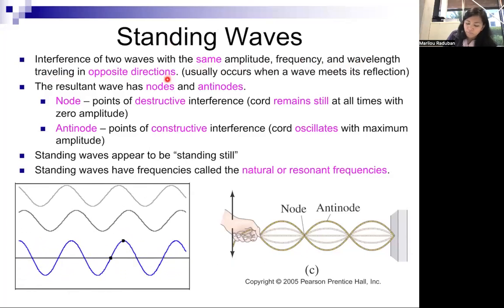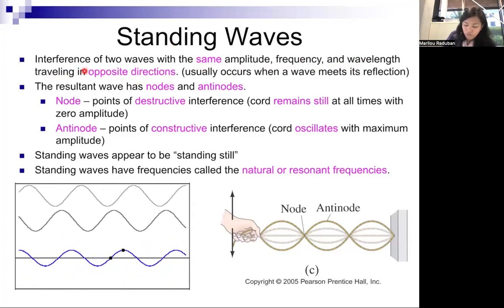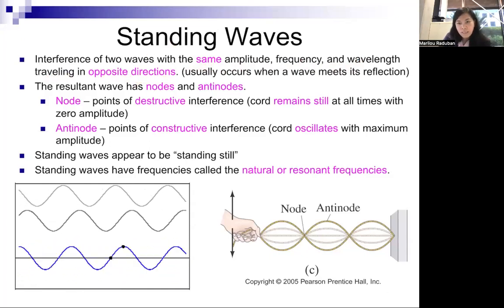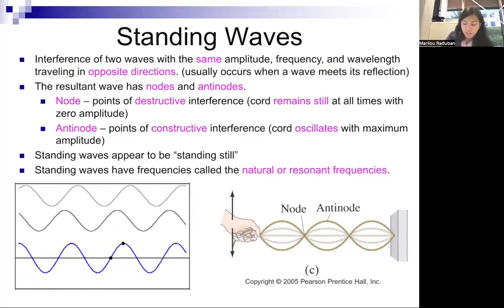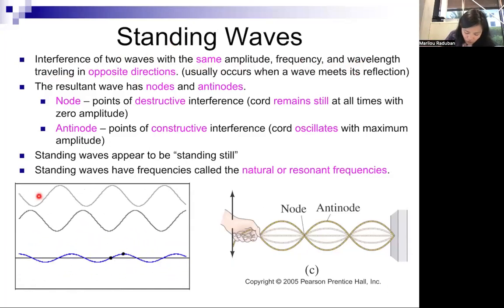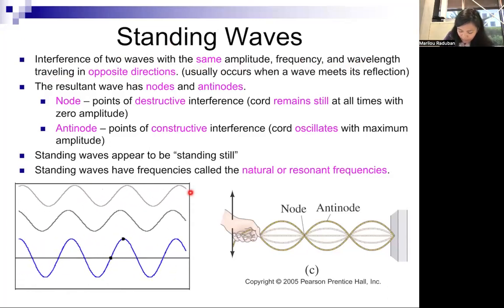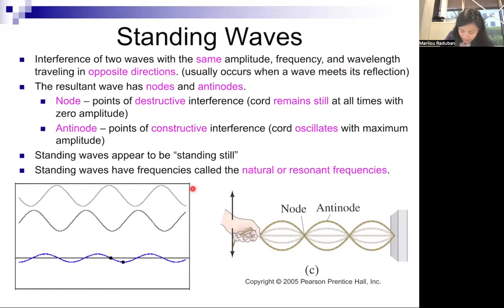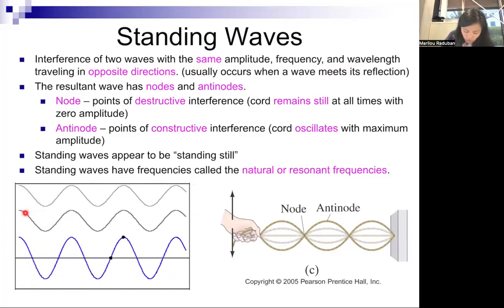So a good way of achieving this will be an incident wave interfering with its reflection. In this animation, you can see this wave propagating to the right. It gets reflected from this end, and this darker wave is its reflection.